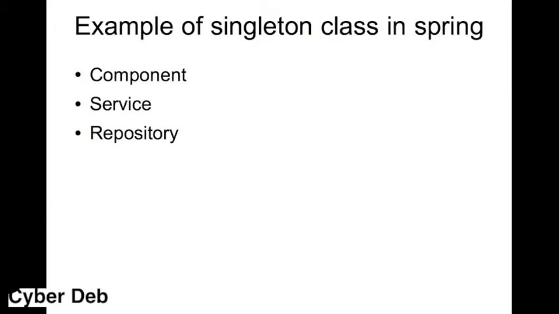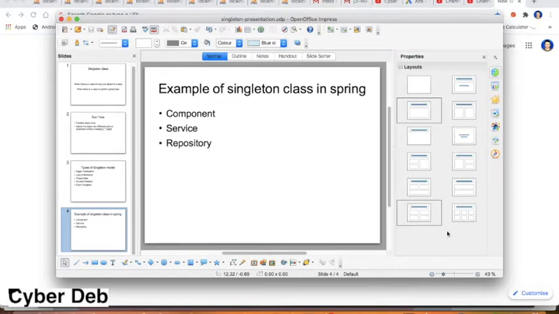This is called dependency injection. That is going to be the Spring Boot application. We will come back to that point in later videos, but today we are going to have a simple example of a singleton class.